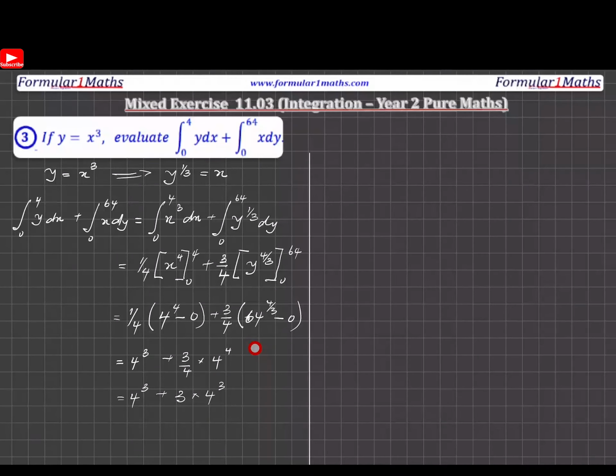Then if I do my factorization, I'm going to get 4 cubed brackets 1 plus 3, and that will be 4 to the power 4, because 1 plus 3 is 4. And finally, I get 256. And this is the final answer.